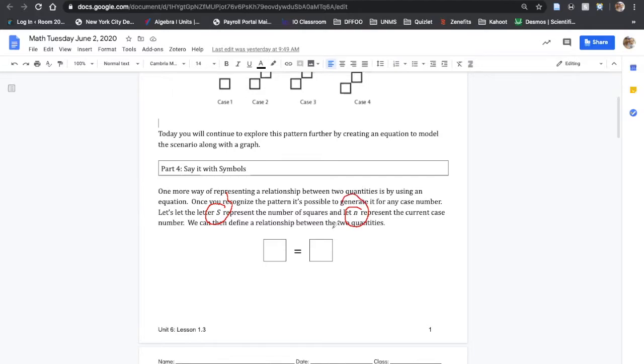So if I'm on, say, case 5, case 5 would actually mean that N equals 5. Case 10 would mean N equals 10.